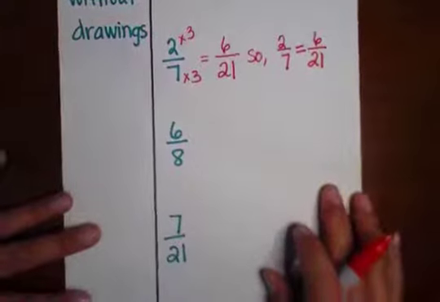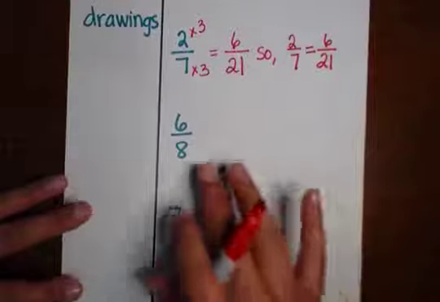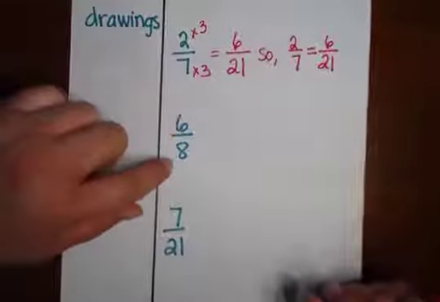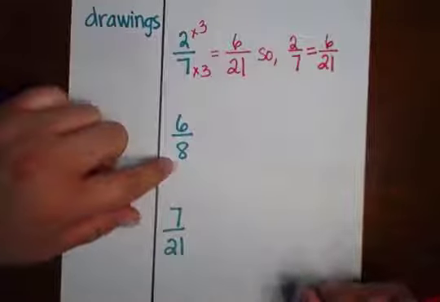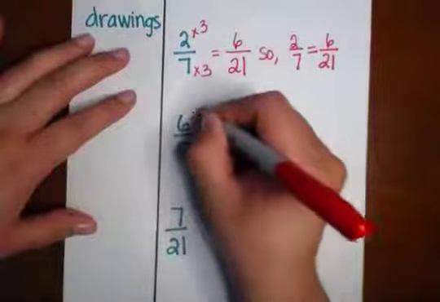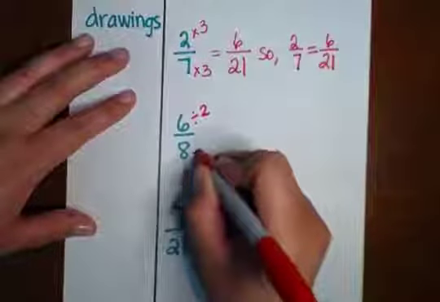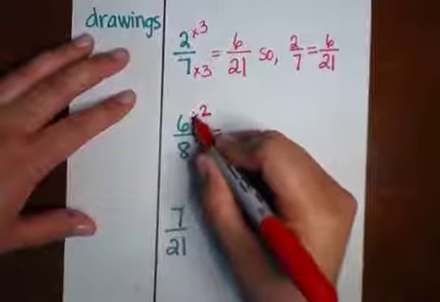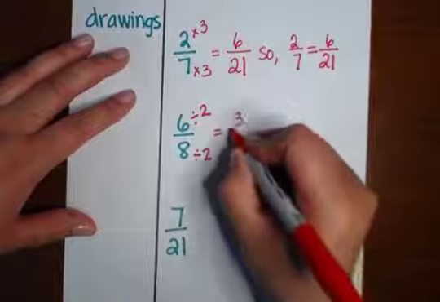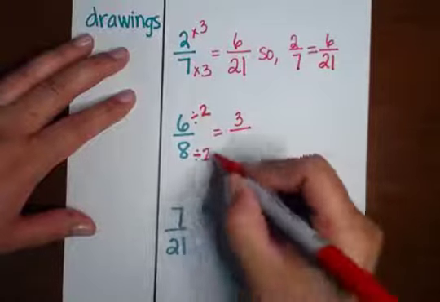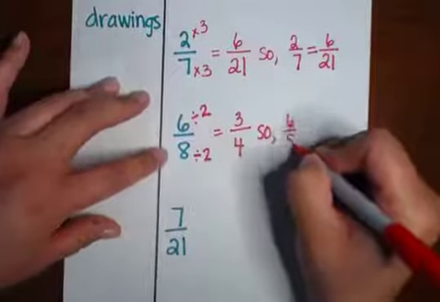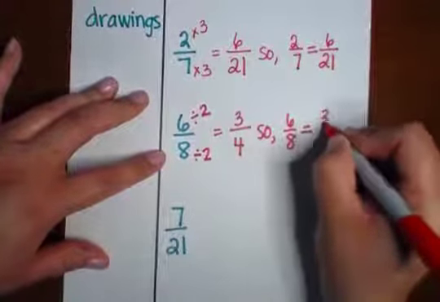Here's another example. 6/8. This is an example where I'm going to divide. I see that both the 6 and the 8 are even numbers, so I can divide the 6 by 2, and I can also divide the 8 by 2. So 6 divided by 2 is equal to 3. 8 divided by 2 is equal to 4. That means 6/8 is equal to 3/4.